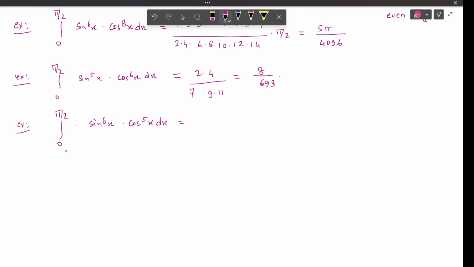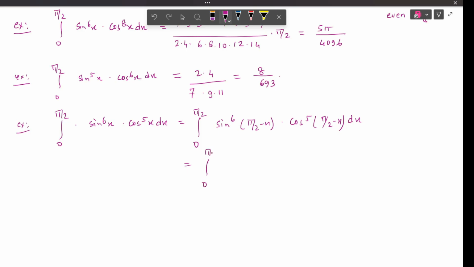So we know if we have integration 0 to a f of x dx, we can write it as 0 to a f of a minus x dx. So it will be integration 0 to pi by 2 sin to the power 6 of pi by 2 minus x cos to the power 5 of pi by 2 minus x dx. Sin 90 degree minus theta will be cos theta.